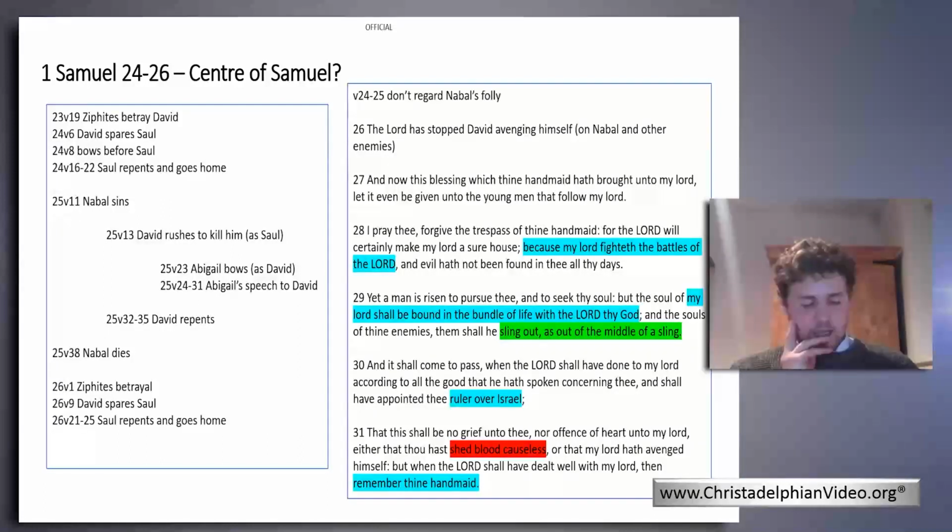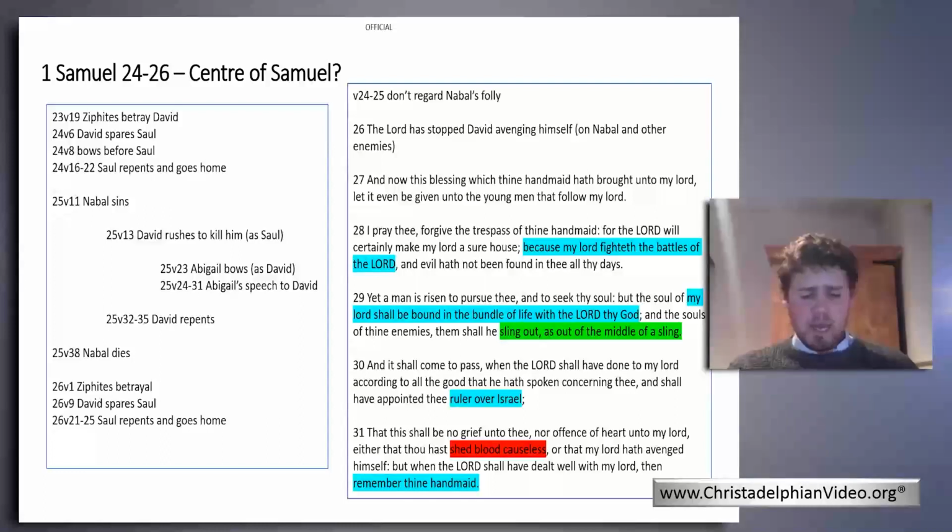And he says in verse 10 of chapter 26, "Furthermore, as Yahweh liveth, Yahweh might smite him, or his day shall come to die, or he shall descend into battle and perish. Yahweh forbid that I should stretch forth my hand against Yahweh's anointed. But I pray thee, take thou now the spear that's at the bolster and the cruse of water, and let us go."